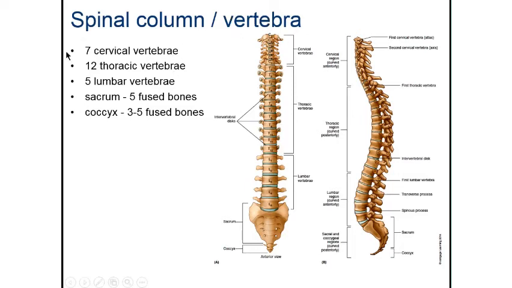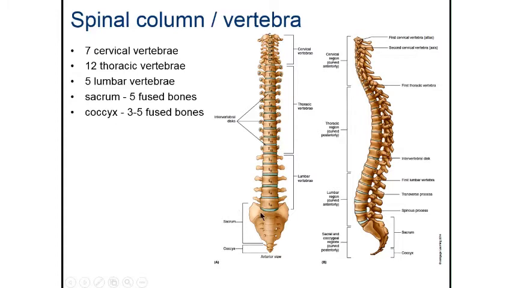So there are 7 cervical vertebrae here. These are the bones that make up your neck. 12 thoracic vertebrae, right? These are the ones that form your thoracic region, spine. And then we have 5 lumbar bones here at the bottom.